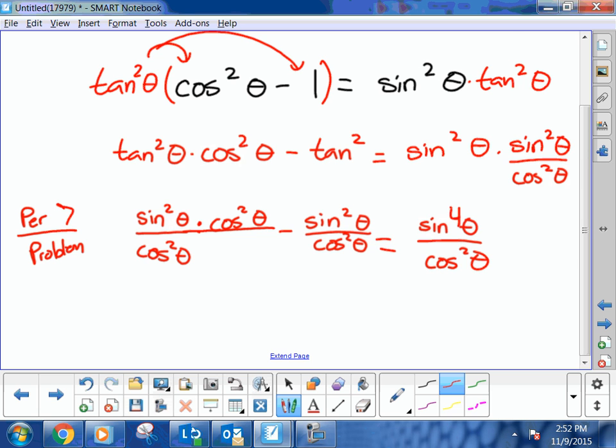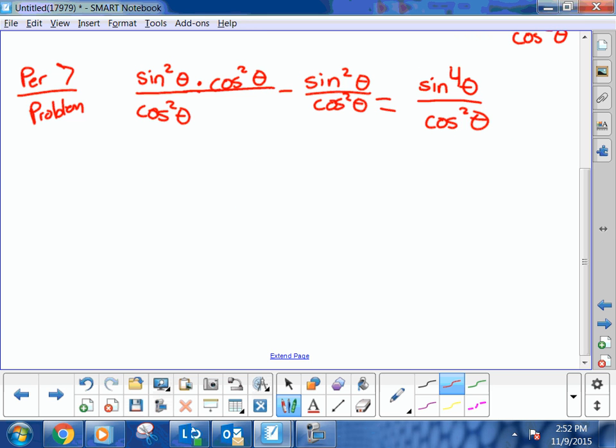First of all, looking at the problem and then deciding that this part right here is really tangent. You have a tangent squared theta, and this is really cosine squared theta, and this is really tangent squared theta.